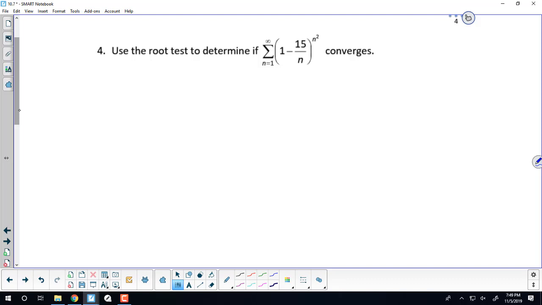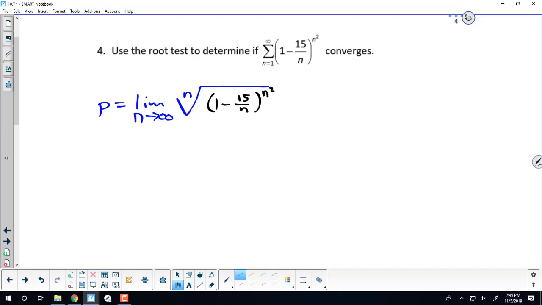When we involve the root for this particular series, the root is the limit as n approaches infinity. We're going to take the nth root of all of that stuff. And when we take the nth root of that quantity raised to the n squared power, what will that give us?